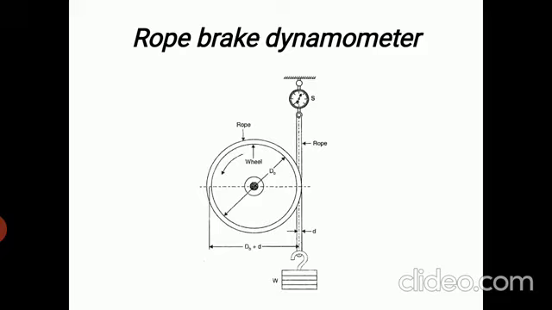By adjusting the fuel system we can maintain constant speed, and we take the readings needed to calculate brake power. We will keep on increasing the load. The engine is designed to give a certain amount of brake power. We know the maximum brake power, the speed of the engine, and how much load is going to be added. With this data, we can easily calculate the maximum load that can be applied on a given engine.